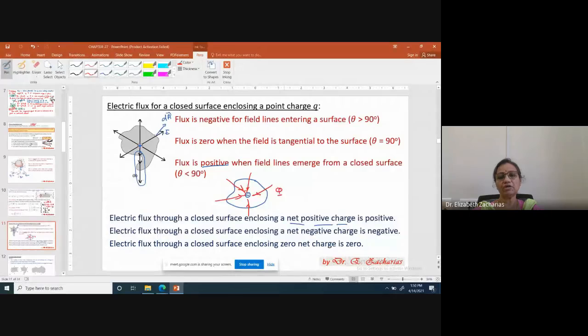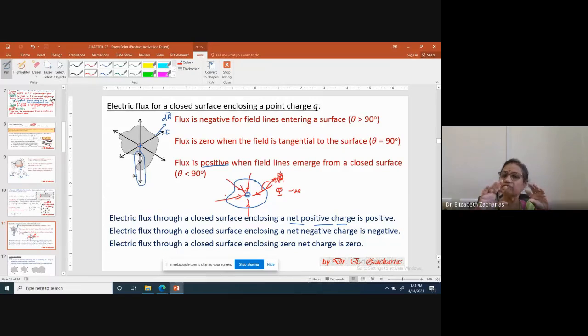Therefore, flux has to be negative. I find that my E vector and my area vector are making an angle greater than 90. Flux will be negative for every point here. Therefore, the net flux also will be negative.